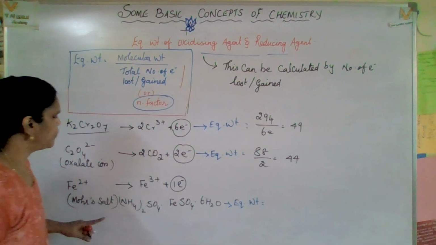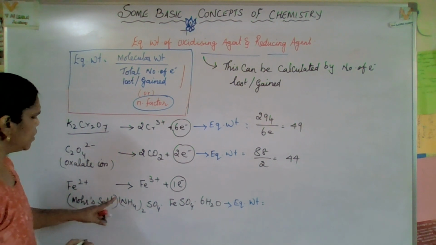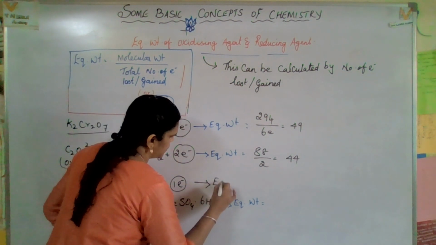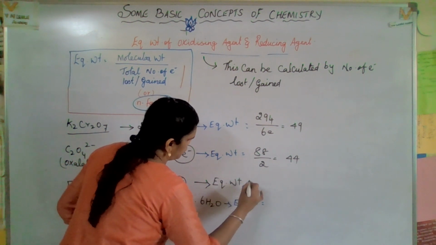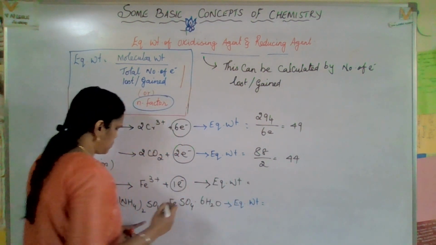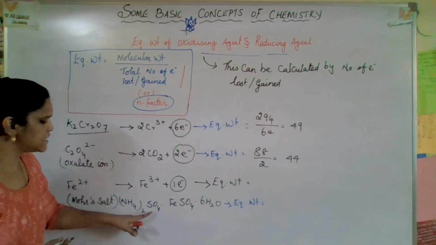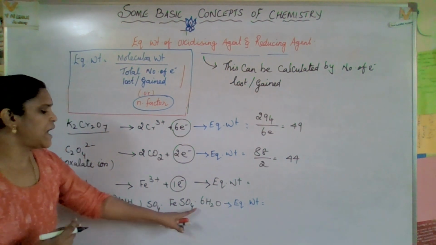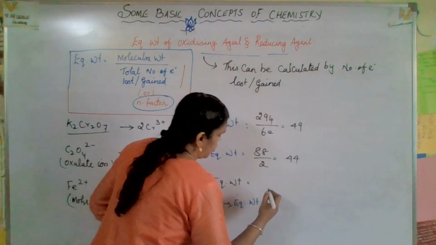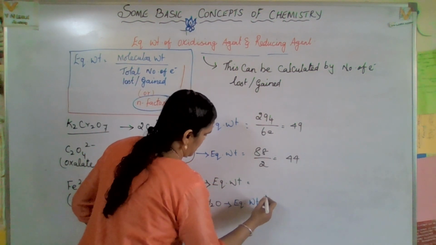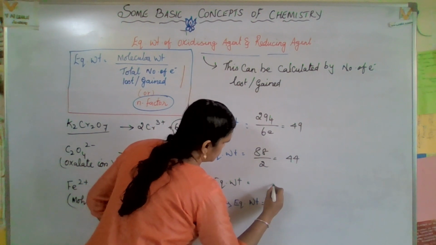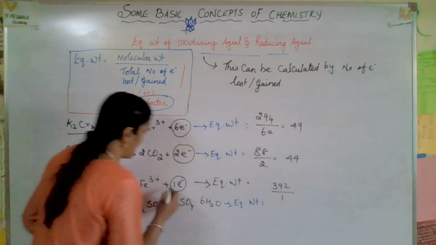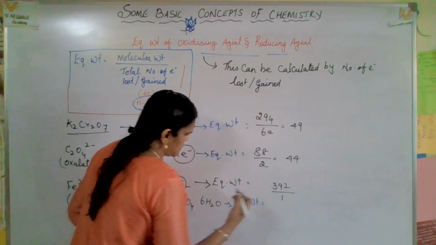And here Mohr's salt, only 1 electron is involved. The Mohr's salt formula is NH4 twice SO4, FeSO4, 6H2O, because it's a double salt. I already mentioned, so 392 divided by 1 electron only, it is gained.